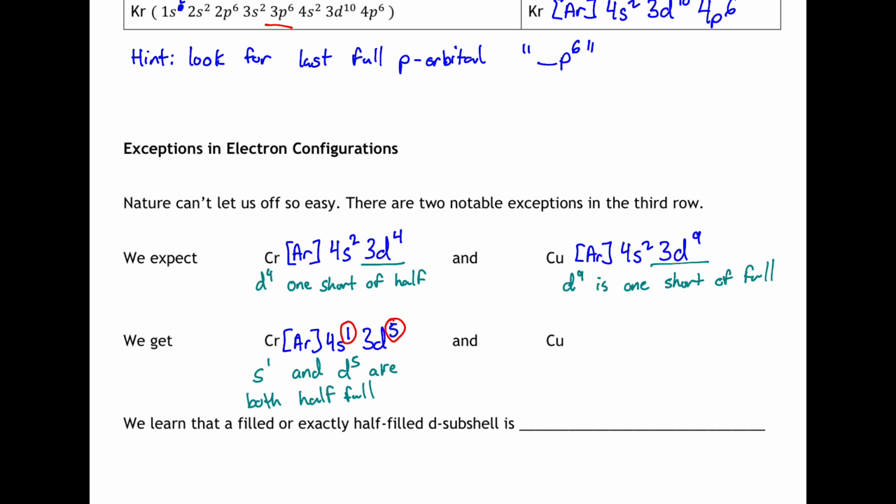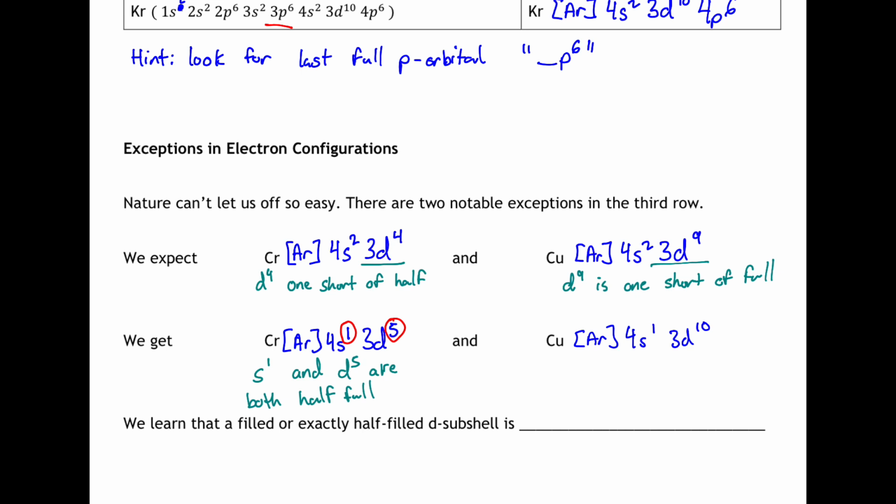So same idea here, copper is going to grab 1 from s and put it into the d as well. So copper is going to end up looking like argon, 4s1 and 3d10.